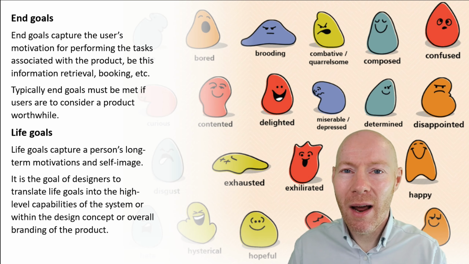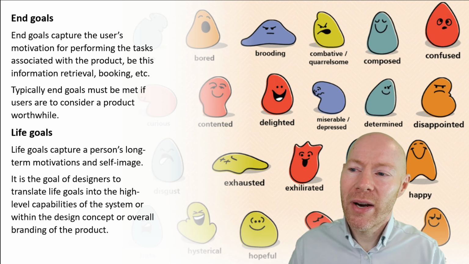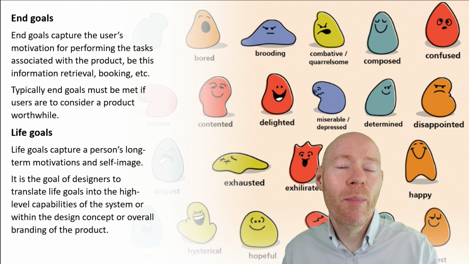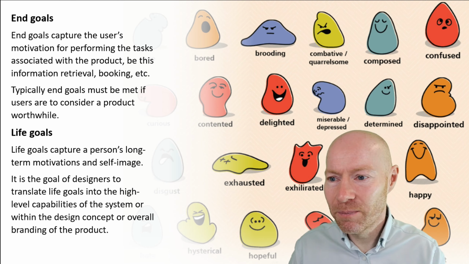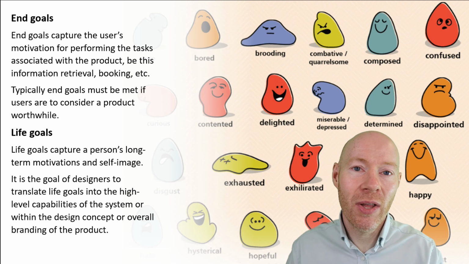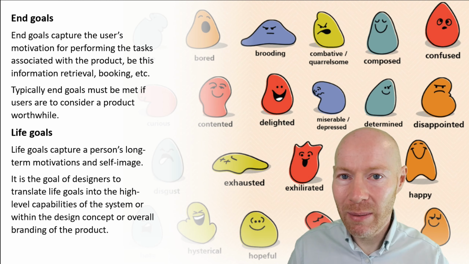Life goals then are a little bit more longer term, a little bit more high level. They're capturing those aspects of the type of person that the user wants to be. It can include their self-image, how they want to see themselves or how they want to be seen by other people.